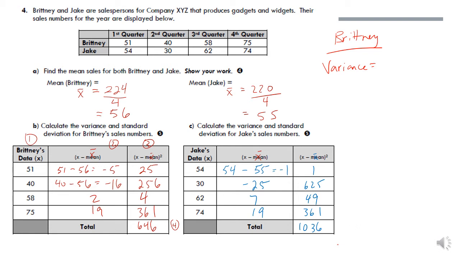So for Brittany, her total was 646, 4 numbers. Go to 1 decimal place when you divide, 161.5. And then her standard deviation is the square root of that number, 1 decimal place. You should get 12.7. Remember, those don't have units attached to them. That's just a number.